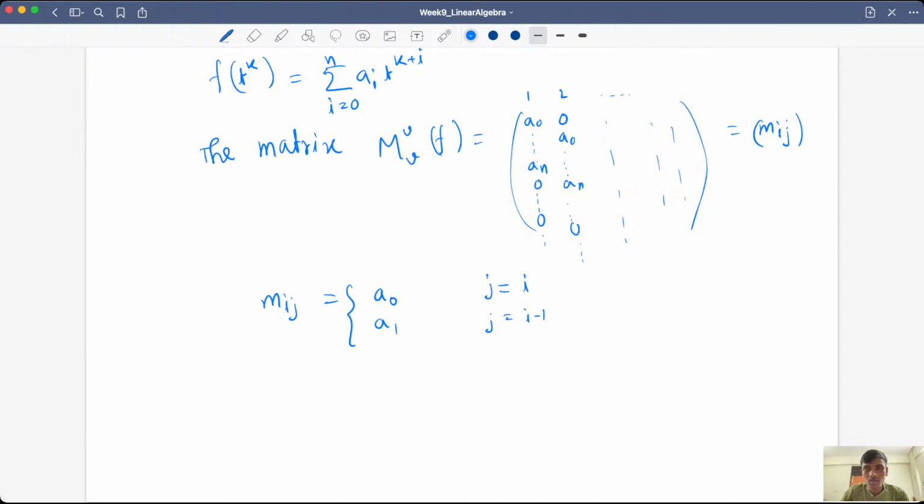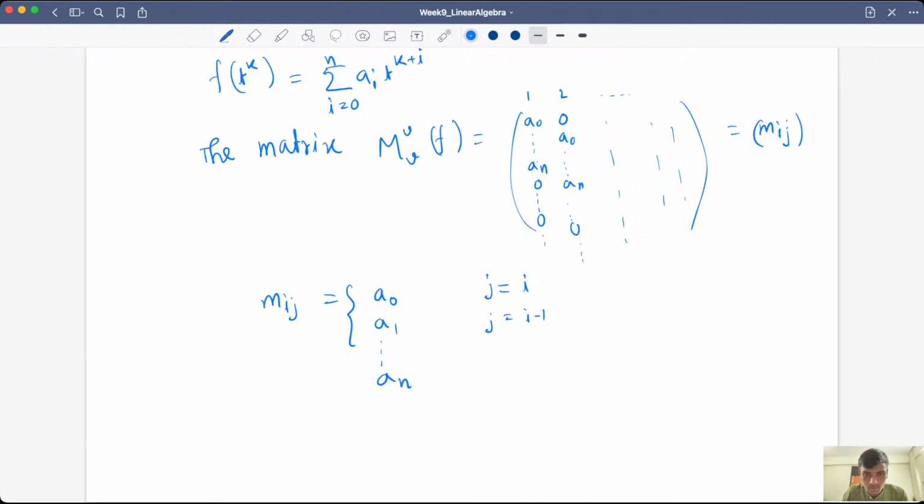So for a_1, here the i is 2, so 2 minus 1, that is 1, so this is the second entry, so 2 is a_1, and so all the way up to a_n.